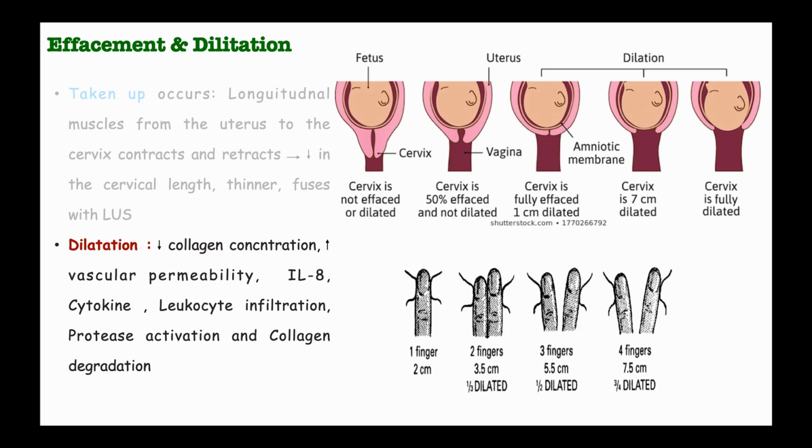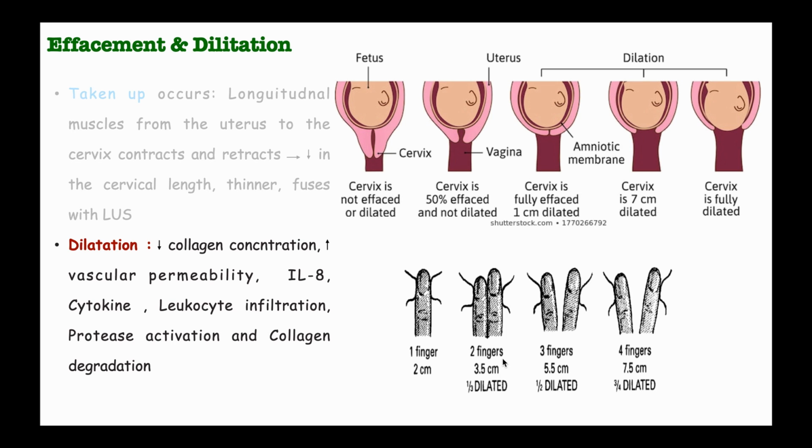We do vaginal examination to estimate the dilatation of the cervix. And so when the cervix can admit one finger, your index finger usually, then we say it is 2 centimeters dilated. If it is admitting 2 fingers, we say it is 3 centimeters dilated.